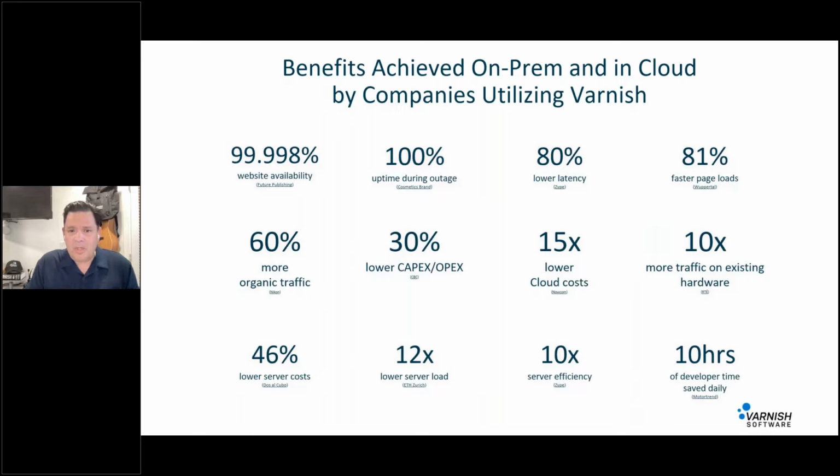You see 15x in the middle. That was one of our customers, Nowcom, 15 times lower cloud costs by implementing a caching solution. You see that there's 80% lower latency by Zype. You see 12 times lower server load by ETH.